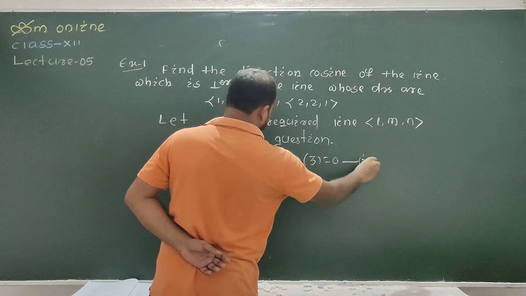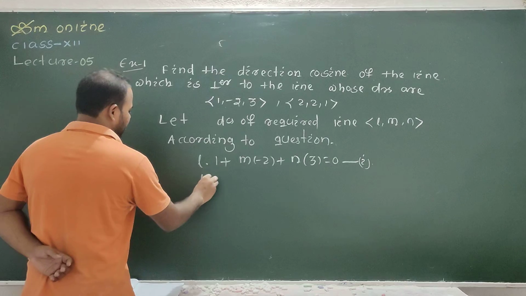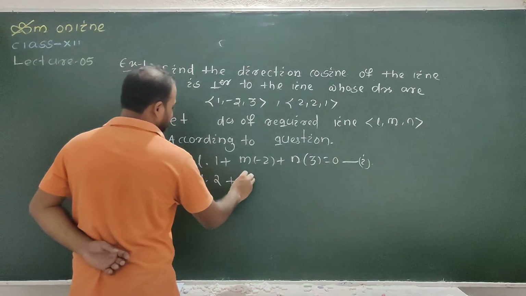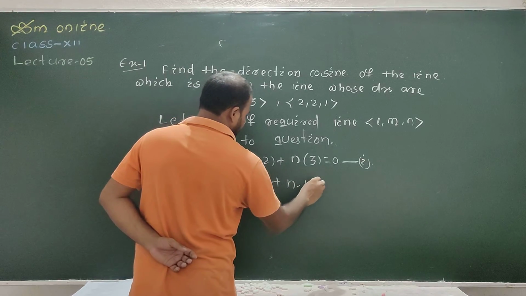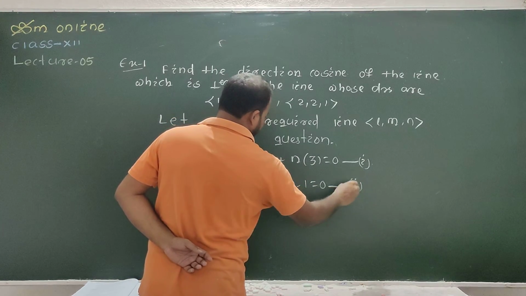Let this be equation first. And again, L into 2 plus M into 2 plus N into 1 equals 0. Let this be equation second.